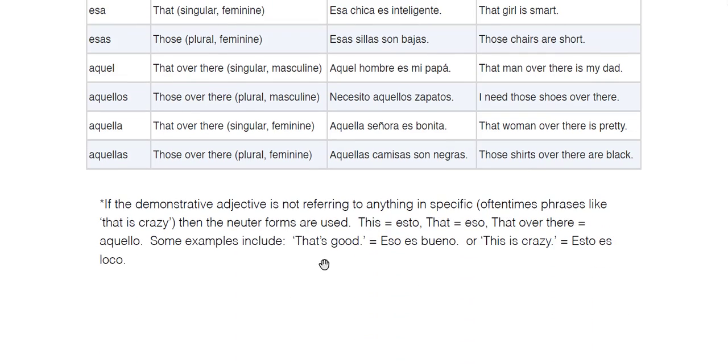If the demonstrative adjective is not referring to anything specific, oftentimes in phrases like "that is crazy," when that is not describing anything tangible that has a gender, masculine or feminine, but it's a very generalized phrase, then we use what's called a neuter form.